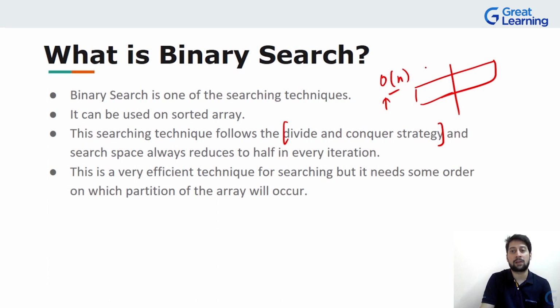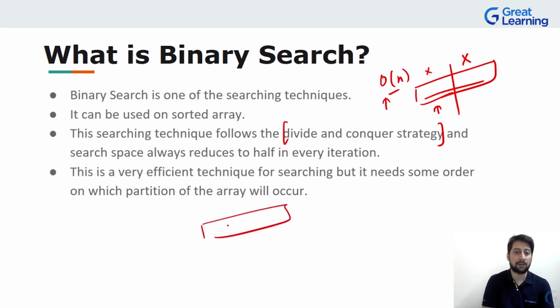Now let's take an example where the elements contained in this array are in such a way that if we skip this part, the left hand side or the right hand side can be skipped in such a way that they don't affect our output.